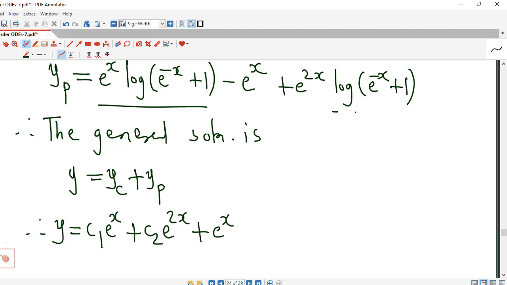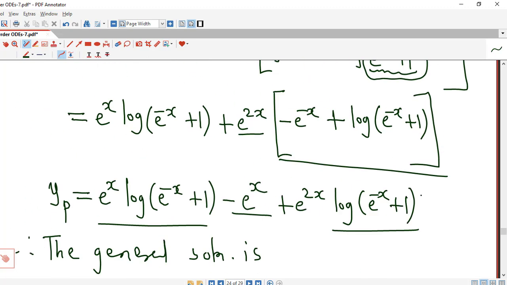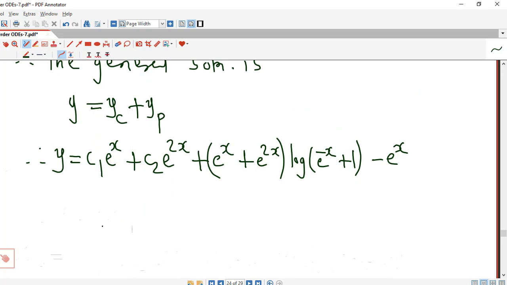We can take this logarithm of e raised to minus x plus 1 common, and we have e raised to x plus e raised to 2x times logarithm of e raised to minus x plus 1, and minus e raised to x, and here c1 and c2 are arbitrary constants.